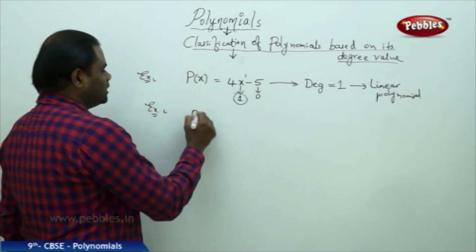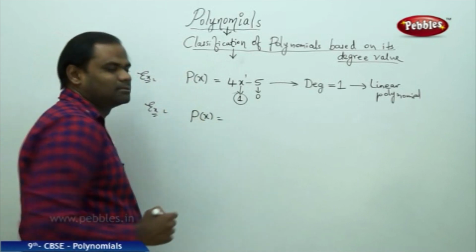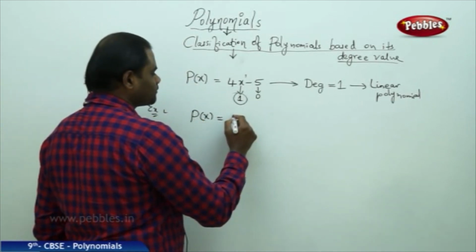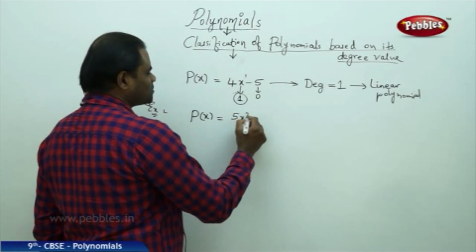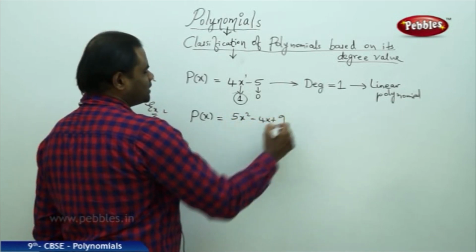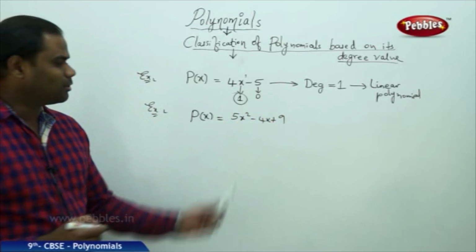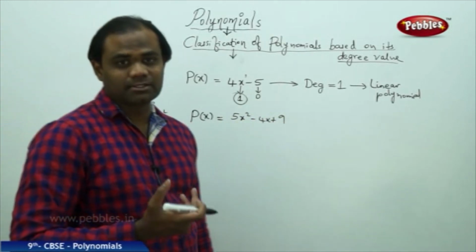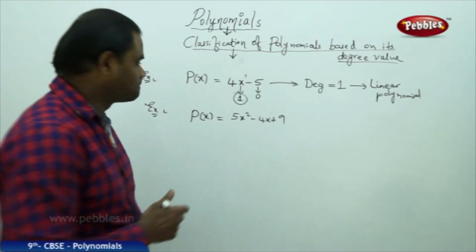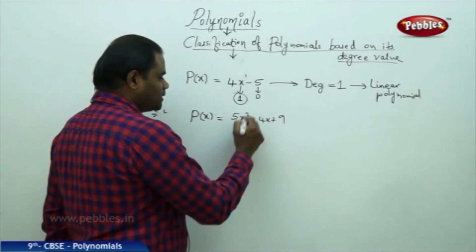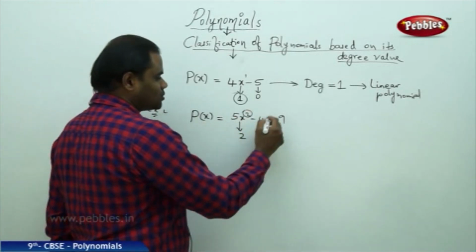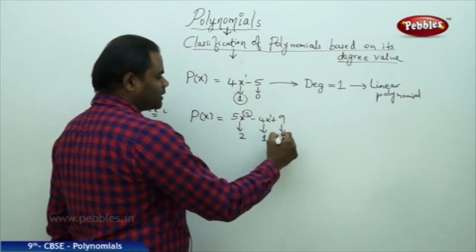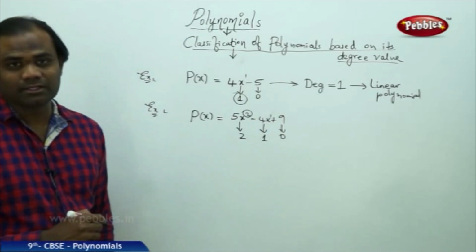Next, let me take one more example. p of x is equal to 5x squared minus 4x plus 9. Now this polynomial has 3 terms. Let's see what exactly is the degree for this polynomial. For the first term, the highest power is 2, for the second term the power is 1, and for the third term the power is 0.